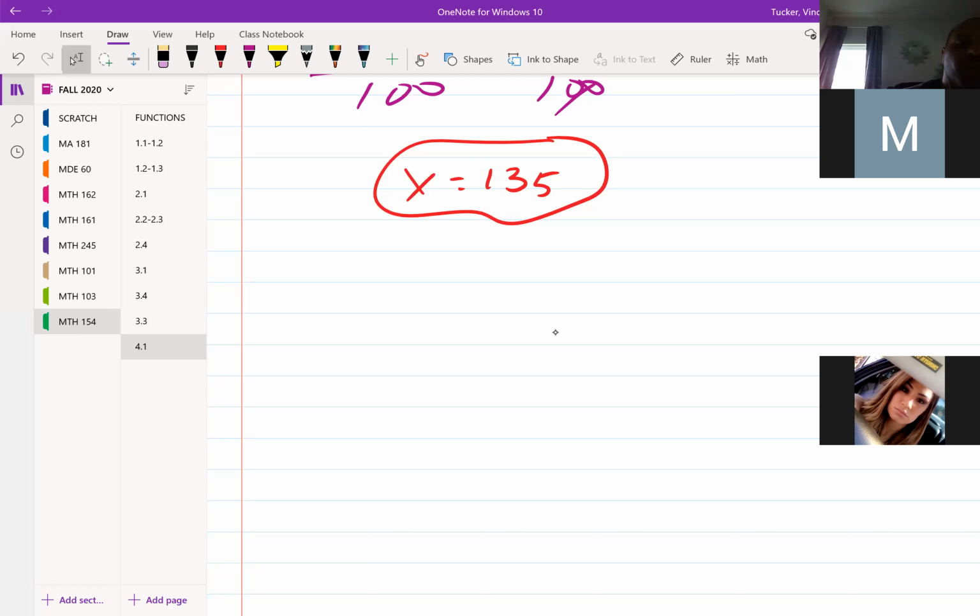All right, so 4.2 is called part to part.